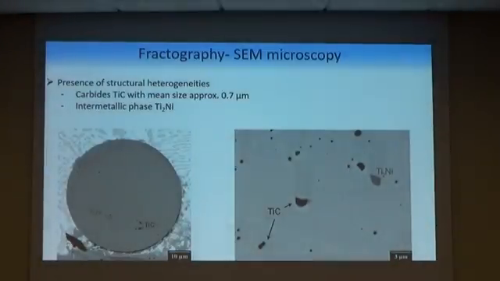Fatigue fracture surfaces and also the cross-section of the wire were studied by scanning electron microscopy. As I mentioned in the introduction, a large number of impurities was observed, especially titanium carbide, with mean size approximately below 1 micrometer. Also the intermetallic phase Ti2Ni was identified.